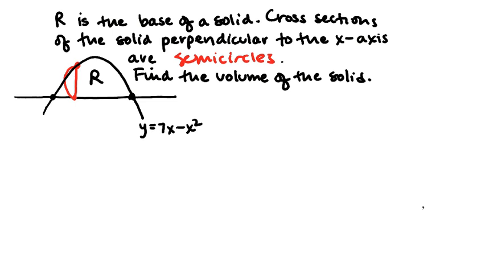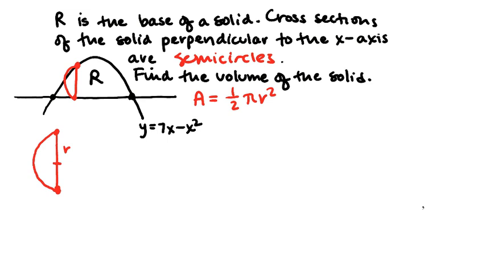Now I'm going to draw this again. The area of a semicircle is half of the area of a circle, so it's half of pi r squared. So what we're going to need is a radius in terms of x. This is going to be the radius, just this upper half.